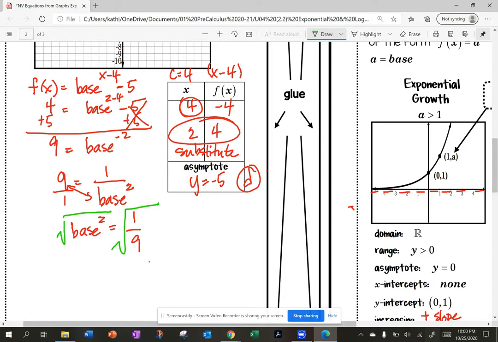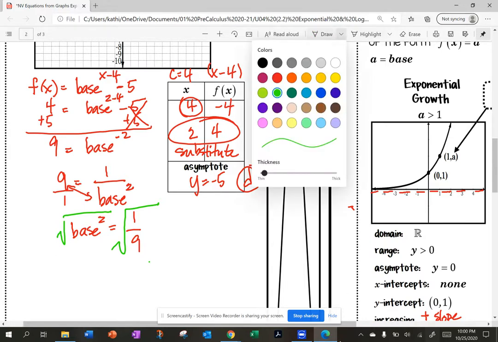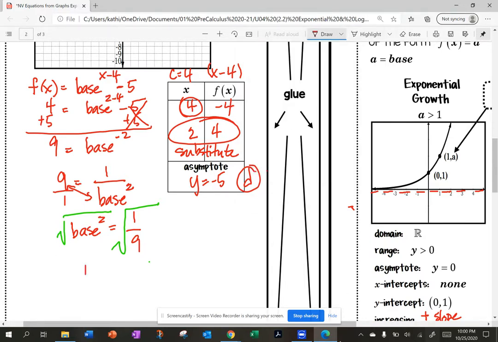When I take the square root of one side, I have to do it on the other side to keep my equation equal. So my base is, the square root of 1 over 9 is 1/3.